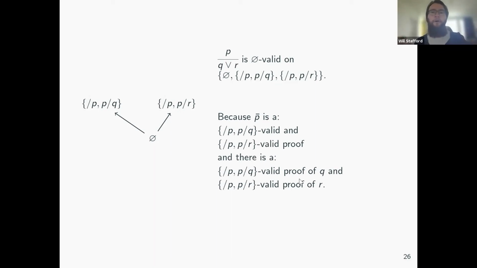We find one in our atomic rule set that lets us also prove Q, and the other in the rule set that also lets us prove R. Now we need to check if our one-step inference to Q or R is valid in each of these separately.